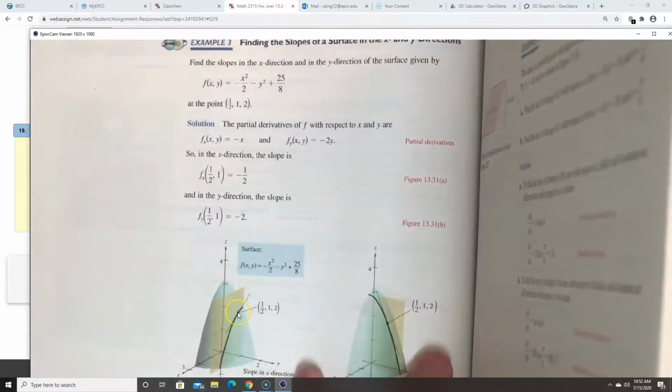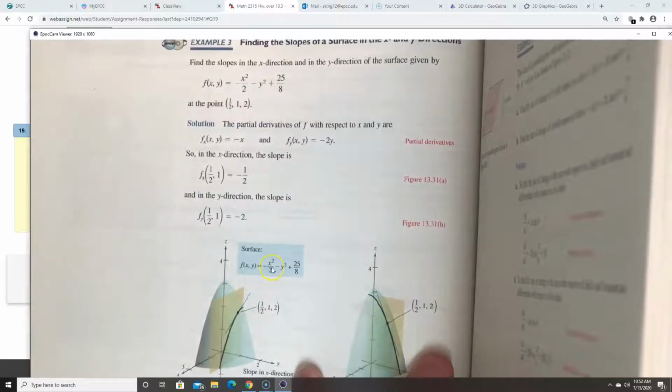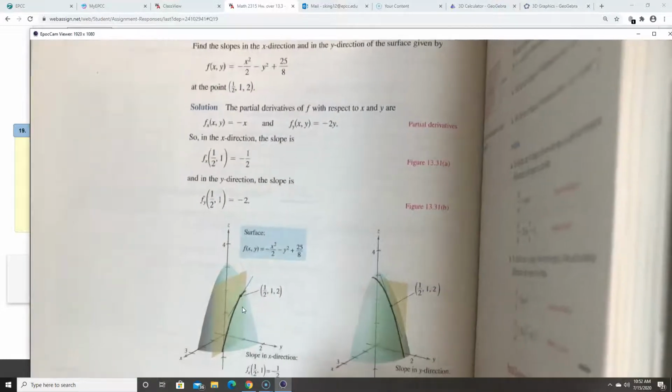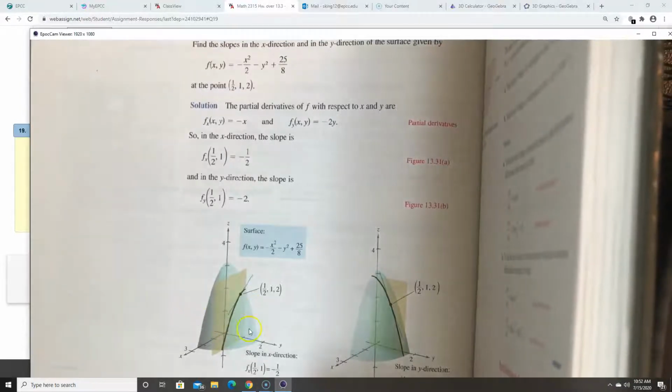And so we can differentiate this two variable function. This is the positive x-axis, the positive y-axis, and backwards would be the negative x-axis and negative y-axis, of course.